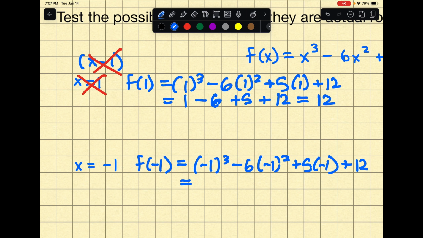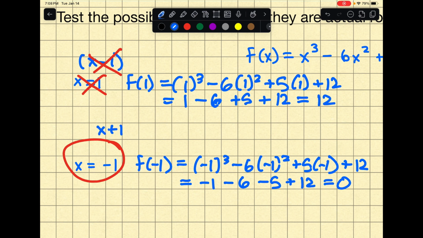Negative 1 cubed is just negative 1, then minus 6, since negative 1 squared is positive 1, then minus 5, then plus 12. So 1 minus 6 is negative 7, minus 5 is negative 12, plus 12 is equal to 0. Good. So x equals negative 1 is one of the roots of that polynomial, meaning, more importantly, that x plus 1 is one of the factors.